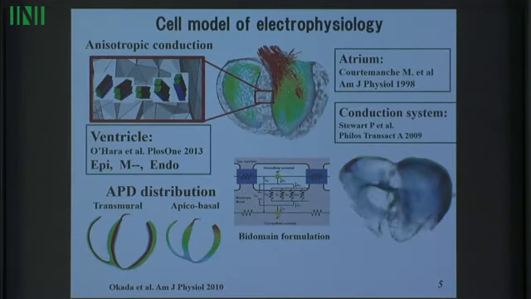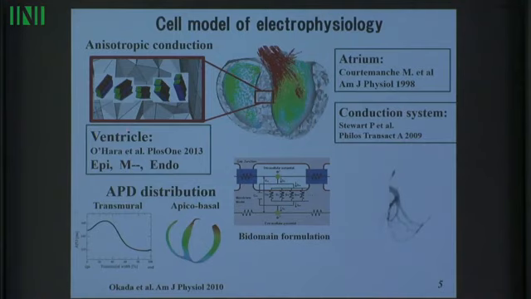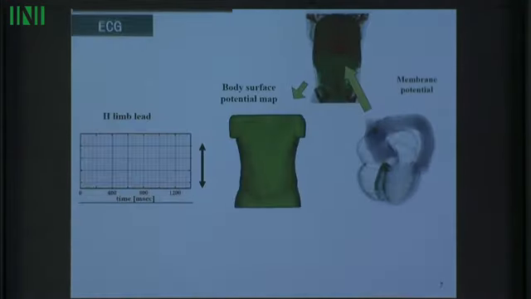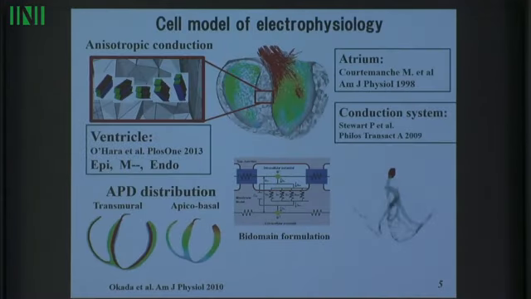We used these models of electrophysiology. For the ventricle, we adopted the O'Hara model, consisting of 3 species of cells having different action potential durations. These models are arranged transmurally in this manner.